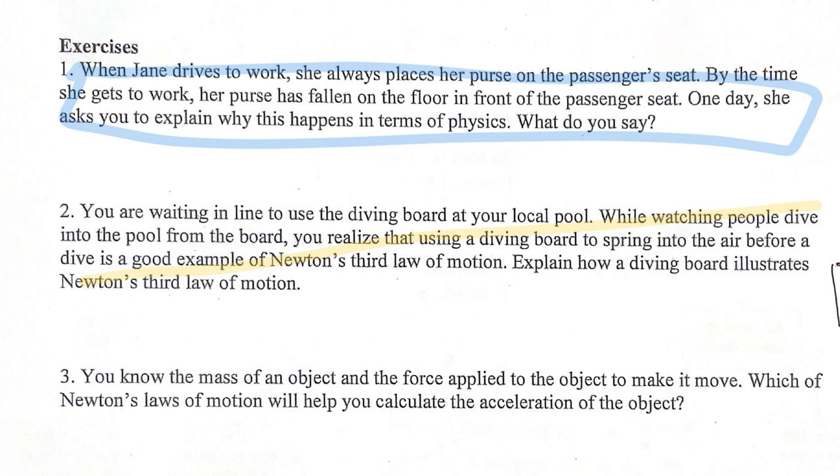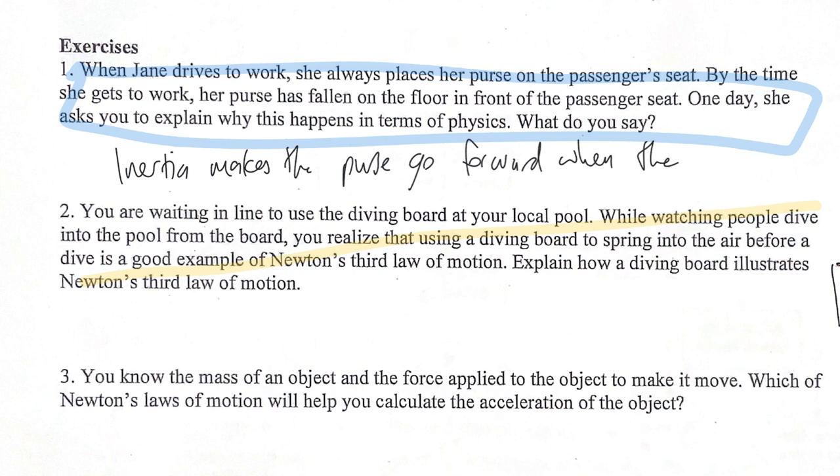One day she asks you to explain why this happens. So why does the purse on the passenger seat always fall to the floor? Yes, Arvidsson? It's inertia. She's making it go forward when she brakes. Okay, so inertia makes the purse go forward when the car brakes.